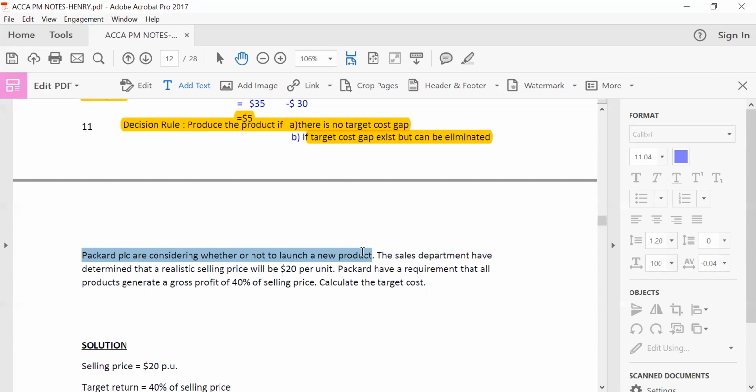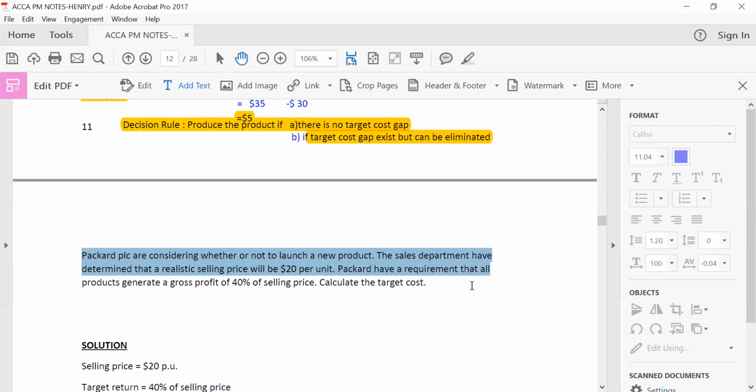So they are in a dilemma as to whether to launch a new product. The sales department have determined that the realistic selling price will be $20 per unit. So the sales department, based on a survey from the market and on what the customers have said, think that $20 is enough.